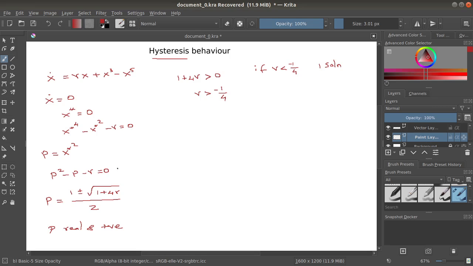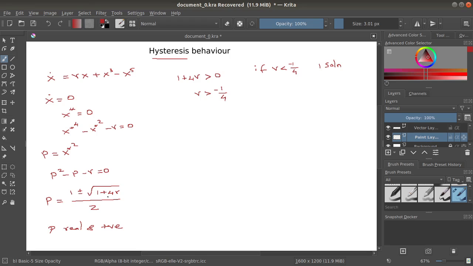Fine, but in what range will p be positive? It will be positive only if the quantity, square root of 1 plus 4r, is less than 1. Otherwise p will have a negative value.